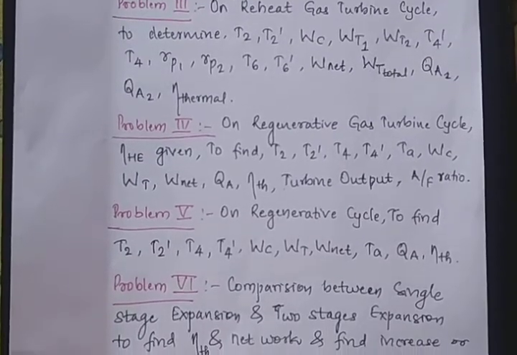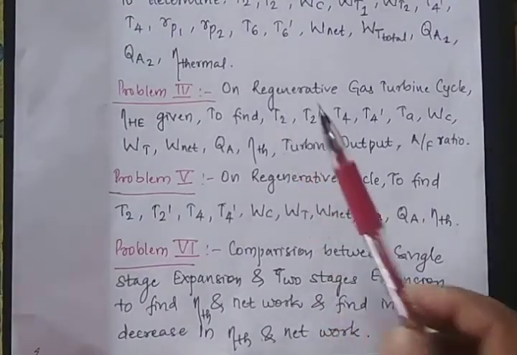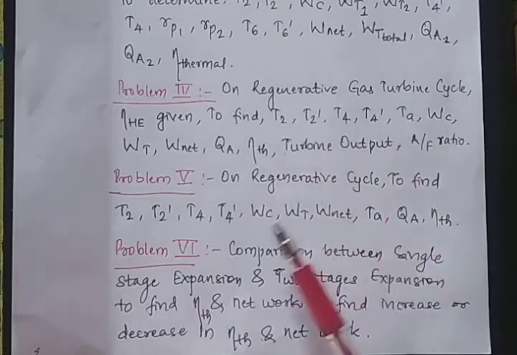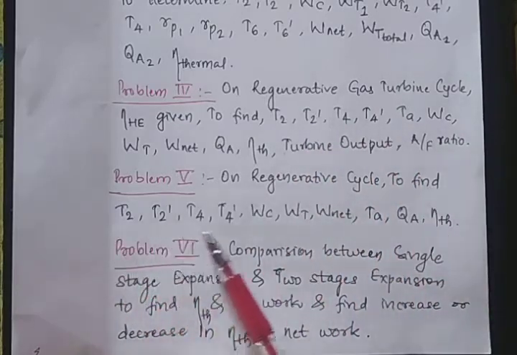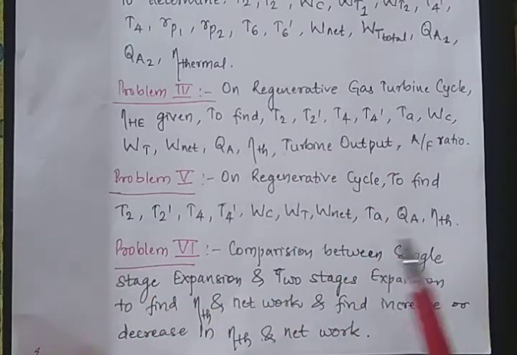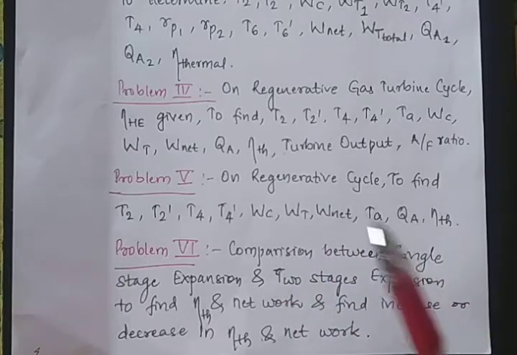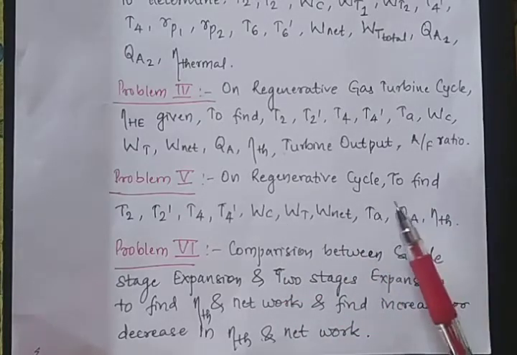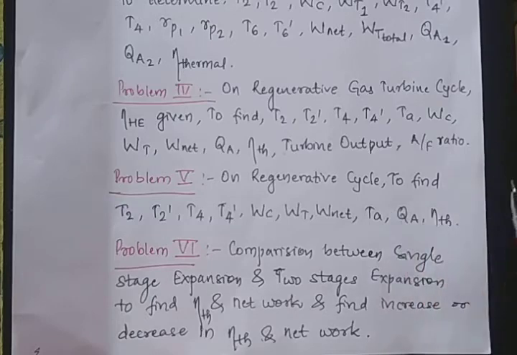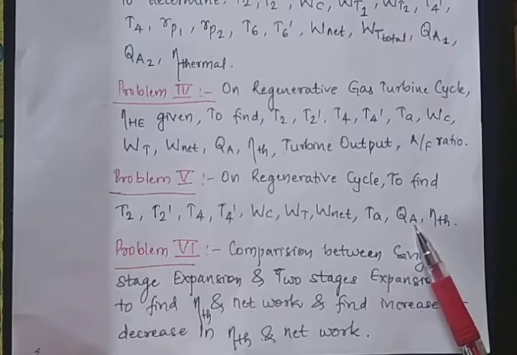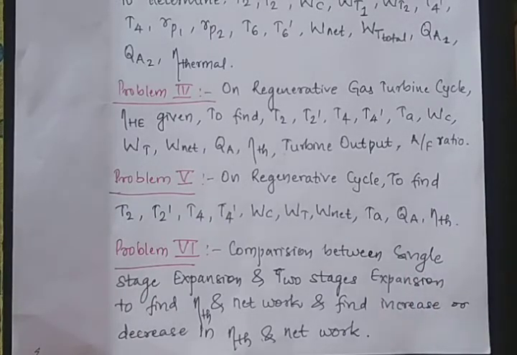Then the fifth problem was similar to the fourth problem, that is on regenerative cycle. Again we had to find out all these temperatures, then compressor work, work done by turbine, W net, then heat added, that is the temperature at which heat is added, then heat supplied, and then efficiency.